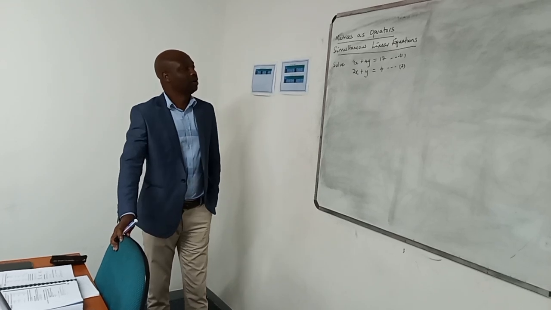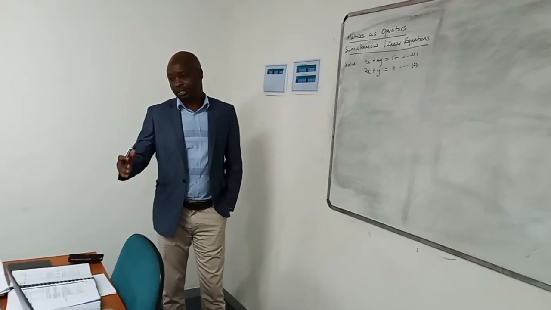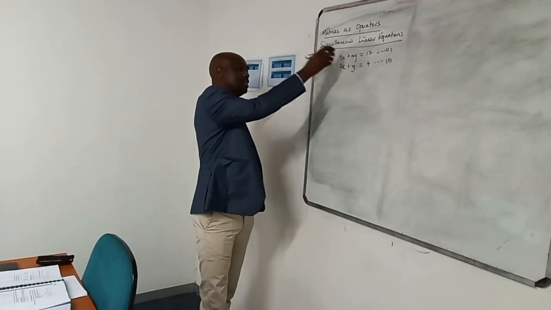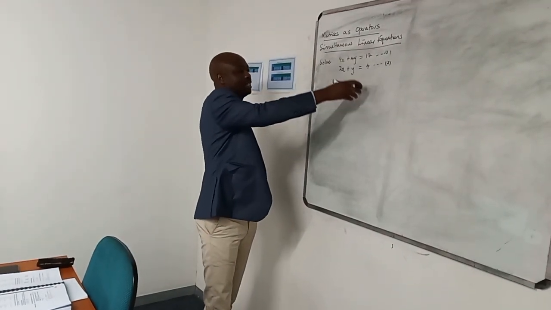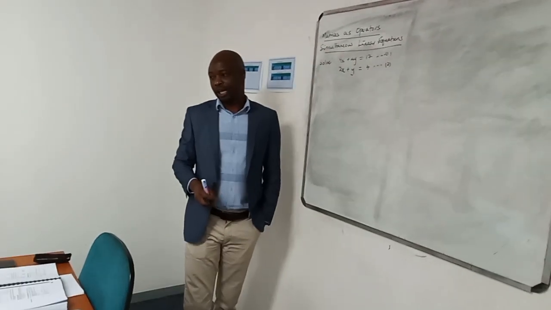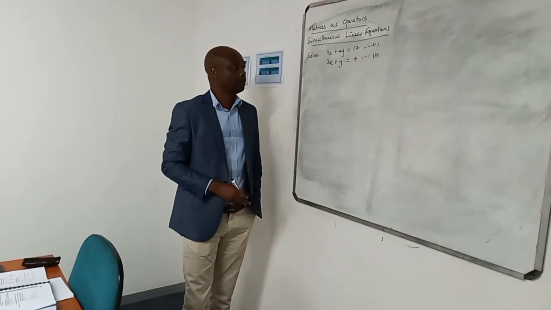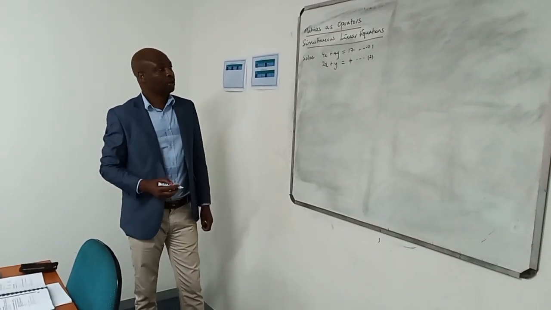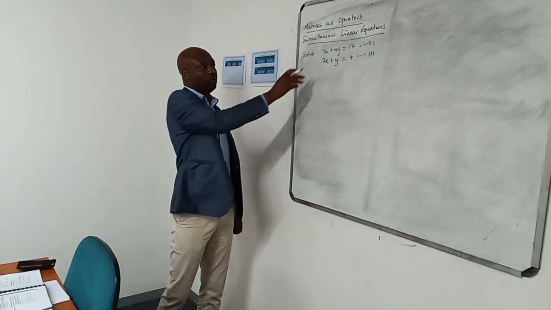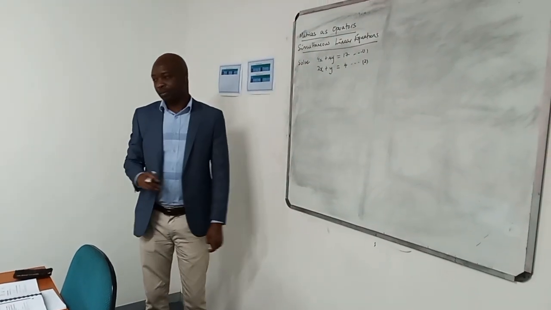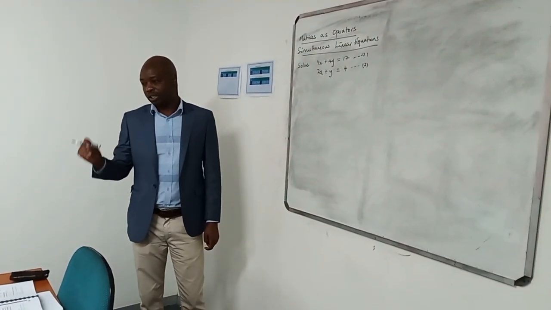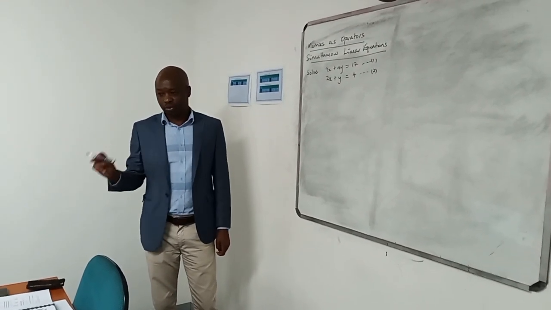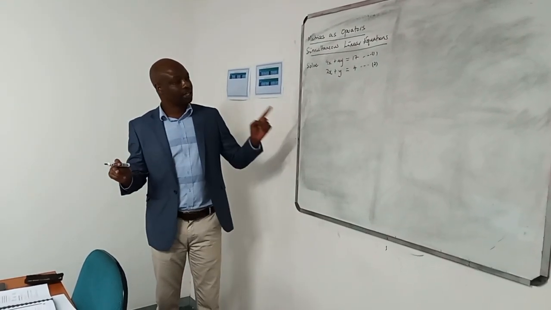Simultaneous means at the same time, meaning we are supposed to solve these two equations at the same time. Let's look at the stages we go through to get the values of x and y. Remember, when the question says solve, it means find the value of the unknown. So our two unknowns here are x and y.